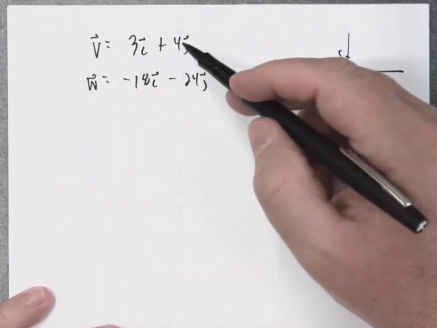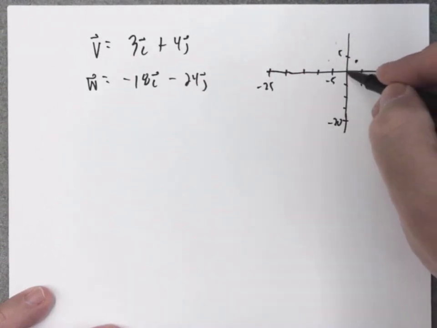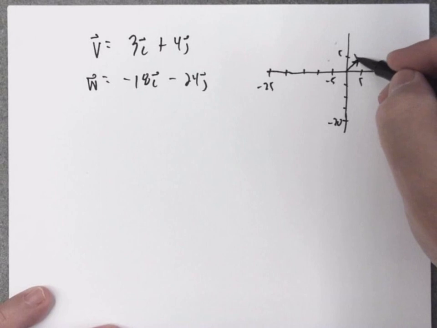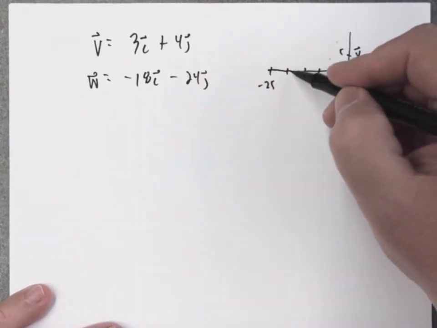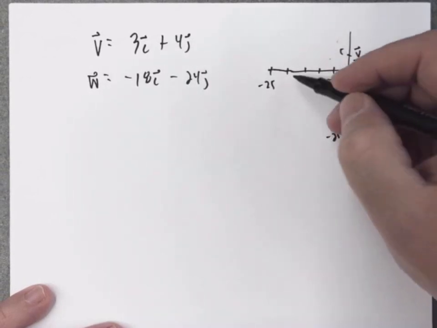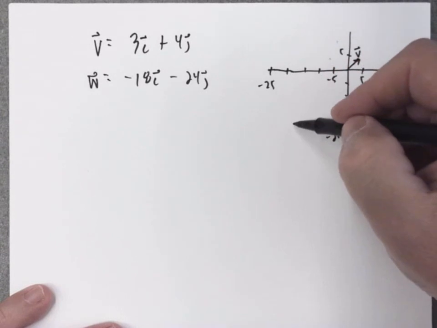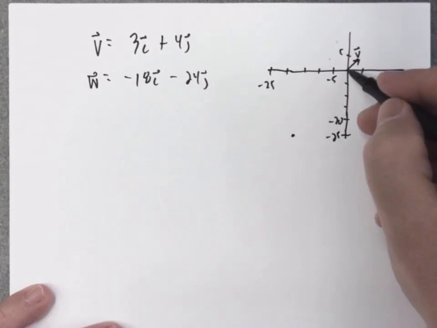Because this one's 3i plus 4j, so 3, it's about right here. So there's vector V. And -18i is maybe right here. -18 and -24 is, here's a good guesstimate.